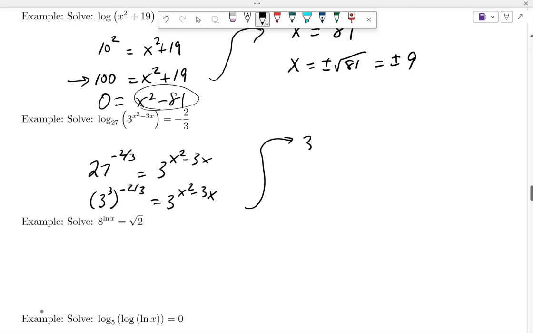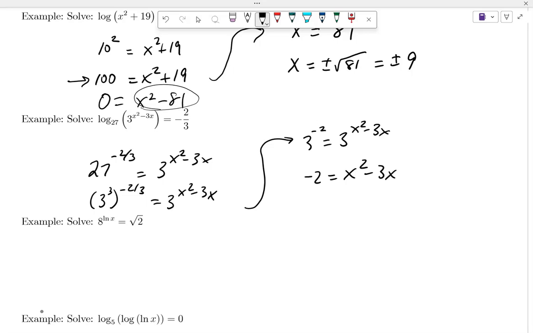Notice your 3's will cancel when you multiply, right? So we'll get 3 to the negative 2 equals 3 to the x squared minus 3x. Everybody okay up to that point? That look familiar with stuff we've already done? What do we do now? Is that good? Set the exponents equal.